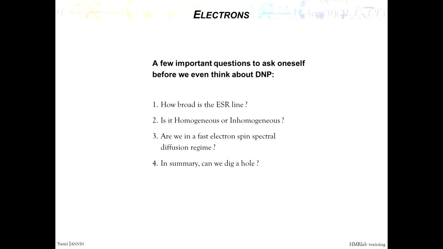So probably in the MAS DNP regime, at 100 Kelvin, you could dig a hole that is quite broad compared to the EPR line.